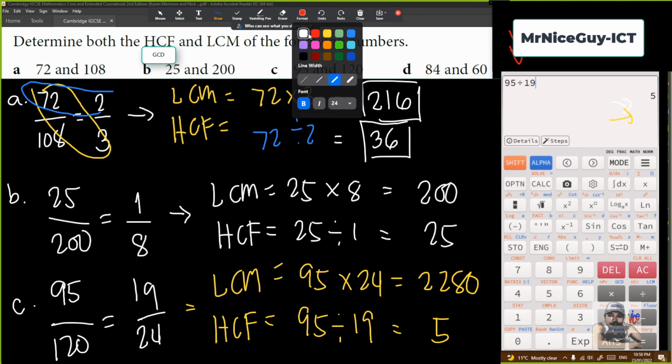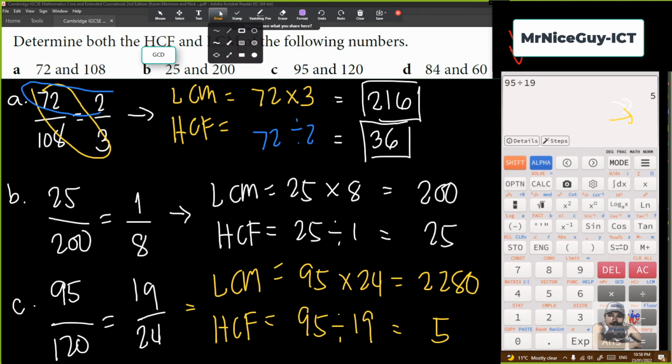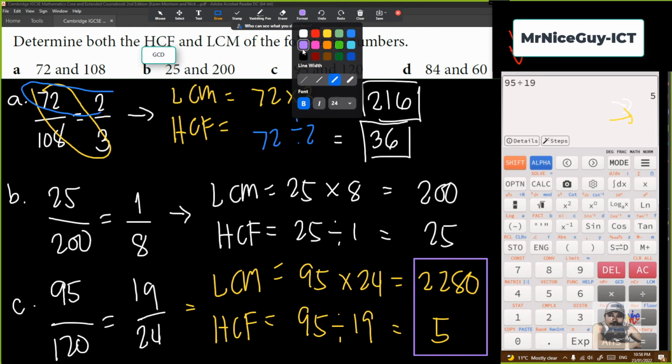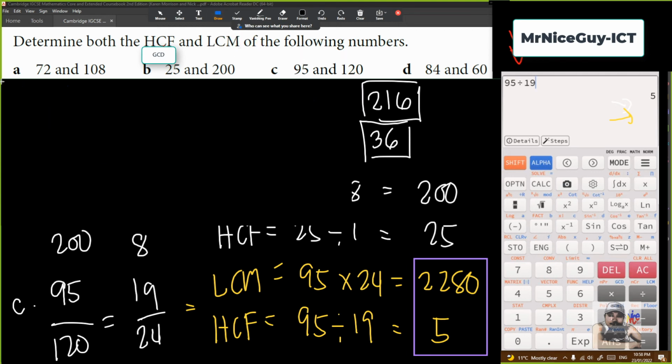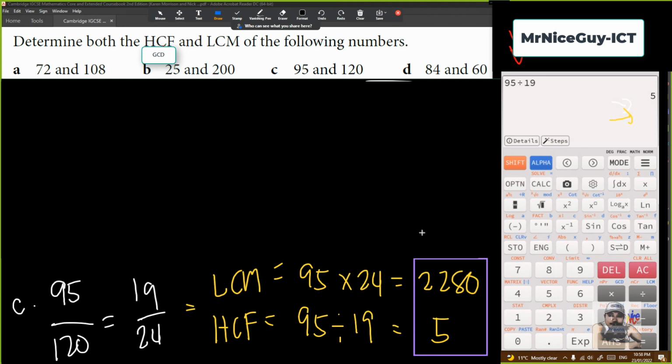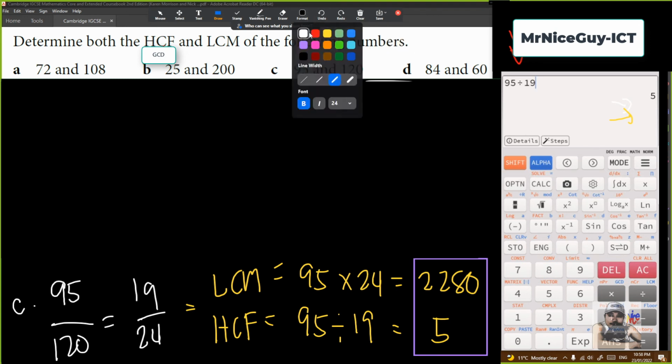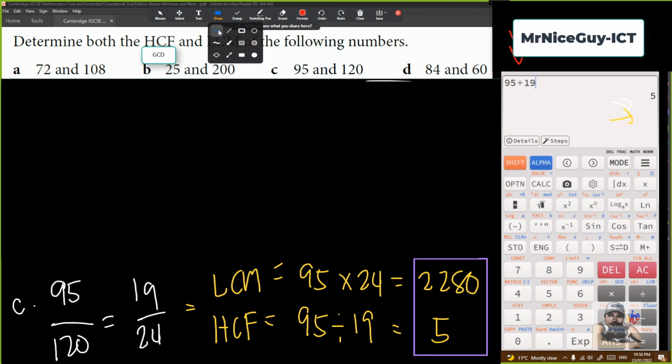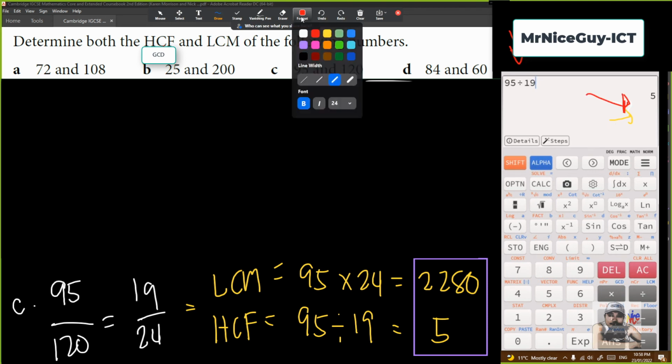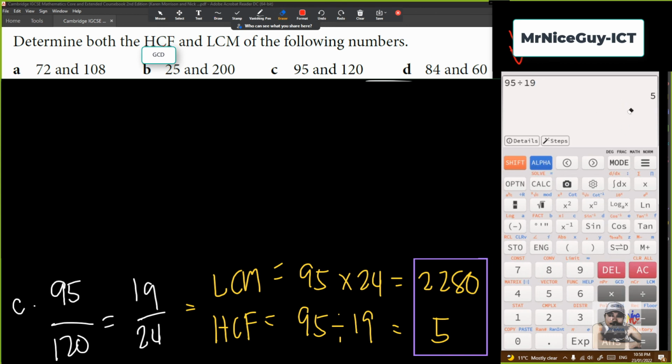All right, so let's erase the values in A and B, because we now want to prove with the help of this calculator that our answer is right. We will prove that 95 and 120 have an LCM of 2280 and a highest common factor of 5.